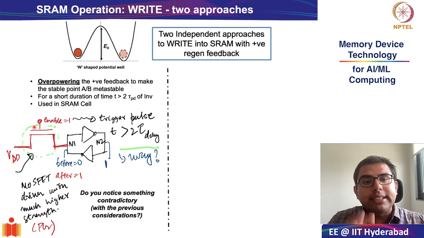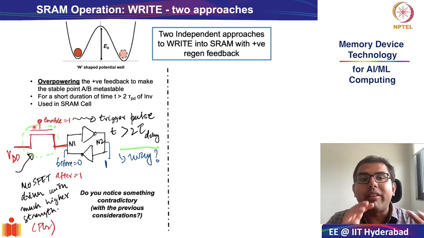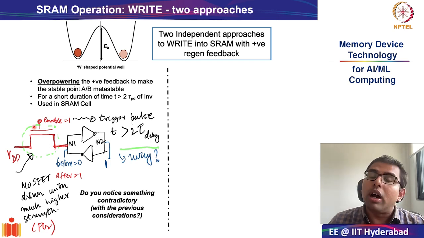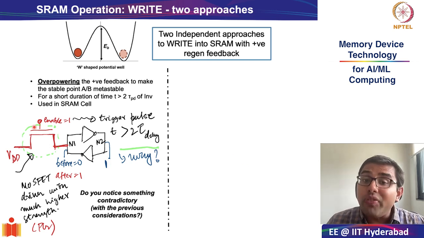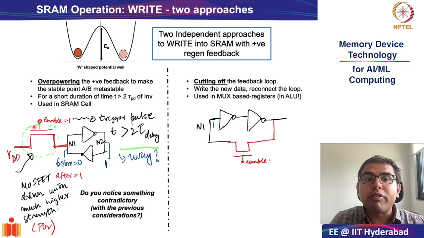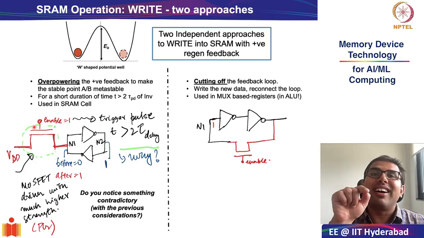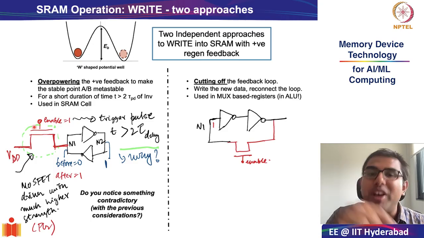Okay. Now, this is the technique of doing write operation which is generally used in these SRAM cells. But this is not the only approach of trying to do a write operation. Another very interesting way is to find out what is the force that you are trying to overpower.